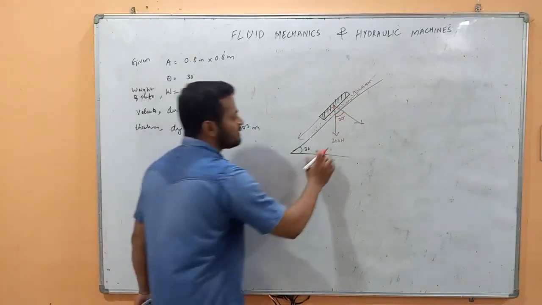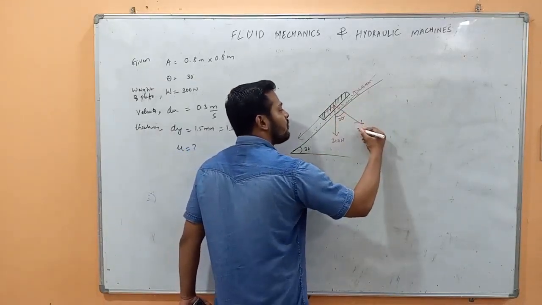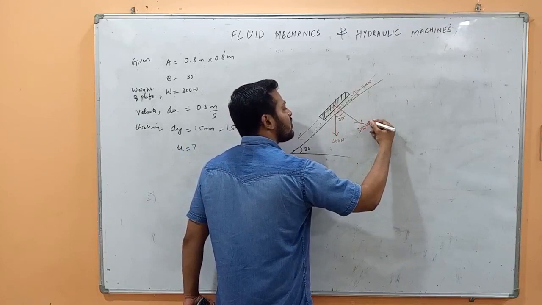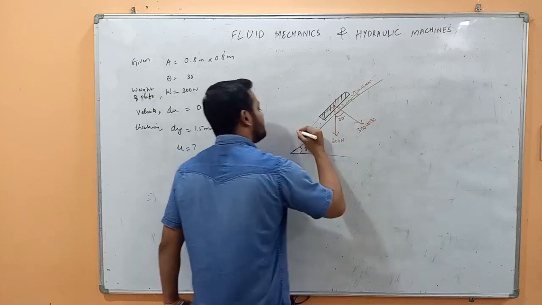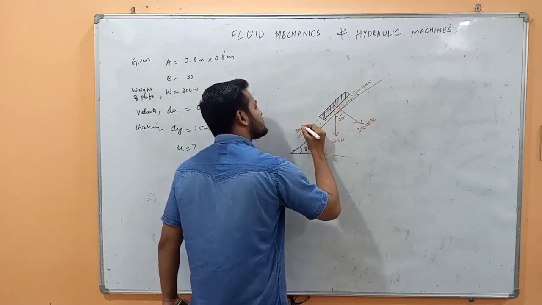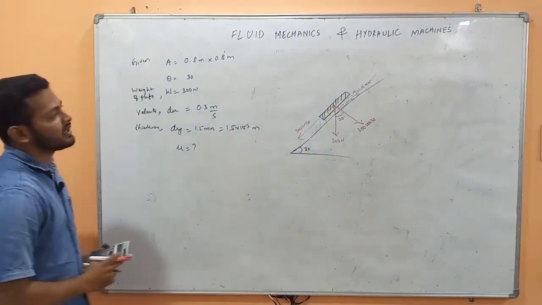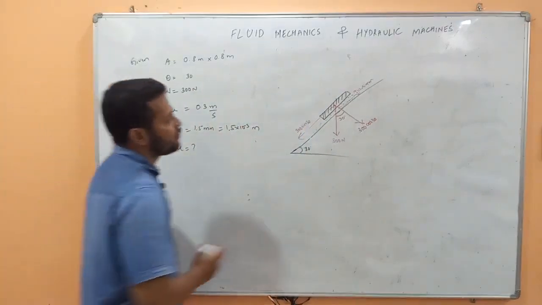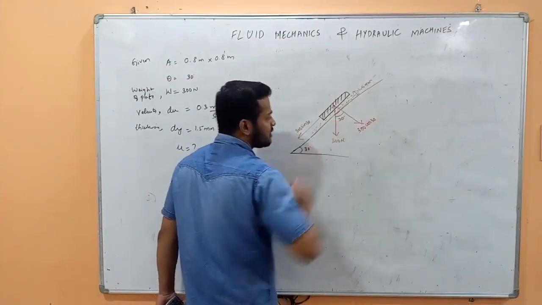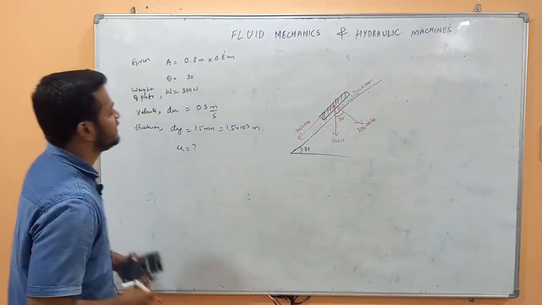So I can resolve this 300 into two components. One will be 300 cos 30 and one will be 300 sin 30. These things you have learned in engineering mechanics. Wherever you have an angle, that side will be cos and the perpendicular side will be sin.